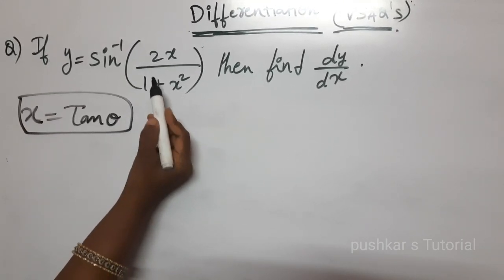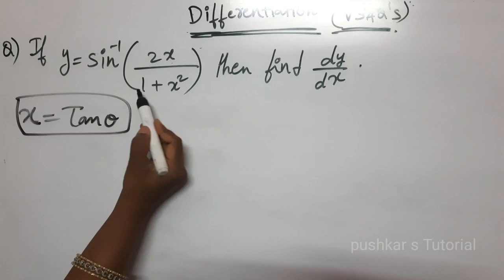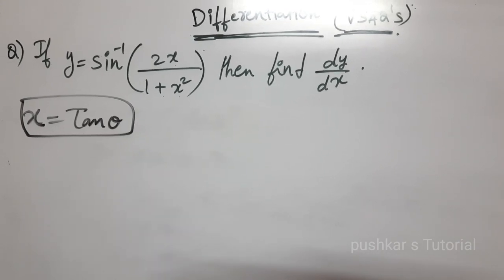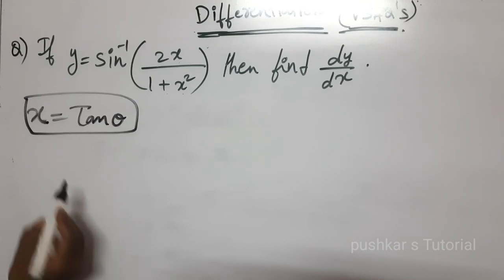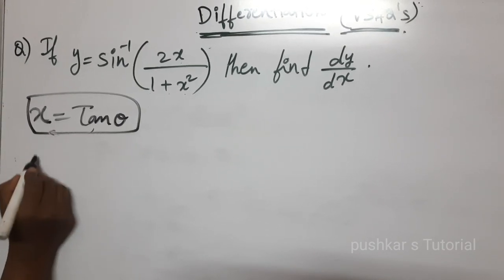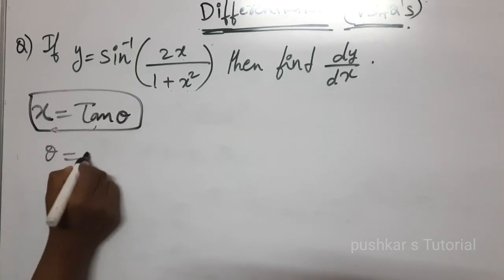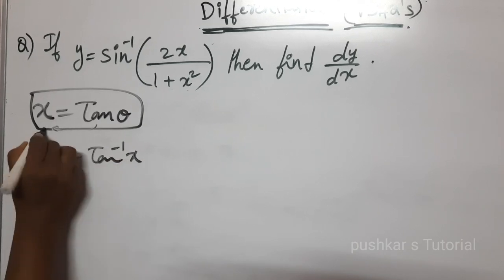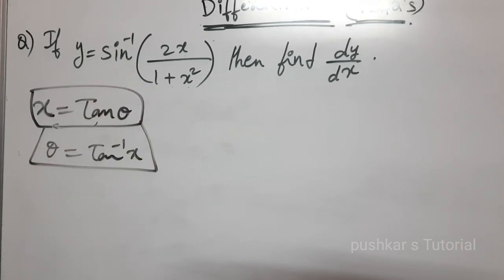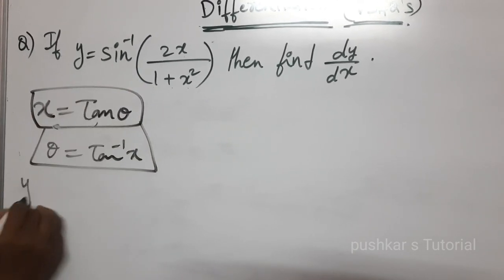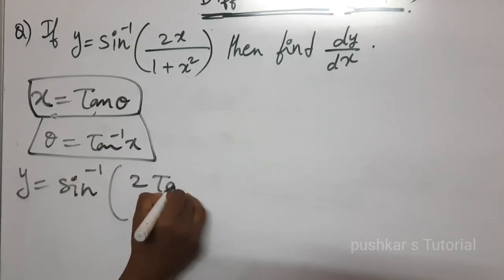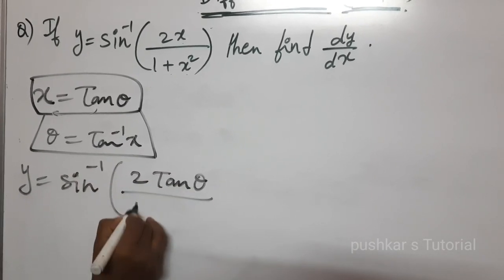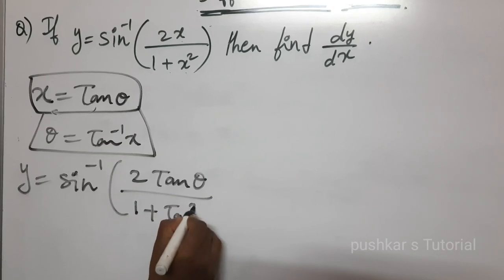Because it is looking like 2 tan a/(1+tan² a). Then we have the trigonometry formula for sin 2a. That's why. Next, theta is equal to what here? Tan inverse x. Now substitute in the question x in the place of tan theta. Then y is equal to sin inverse of 2 tan theta/(1+tan² theta).